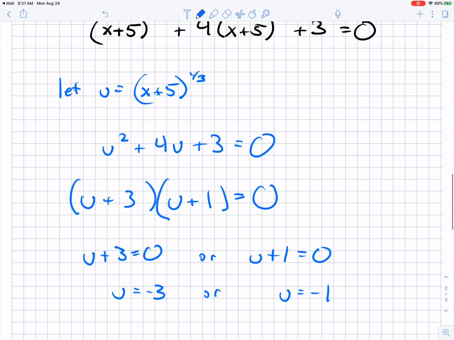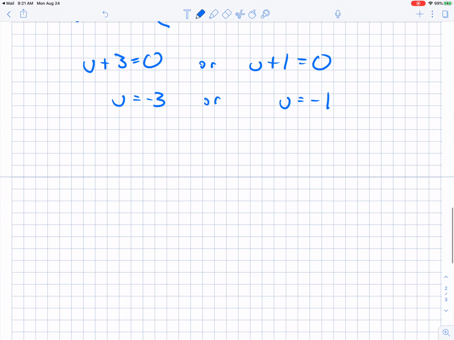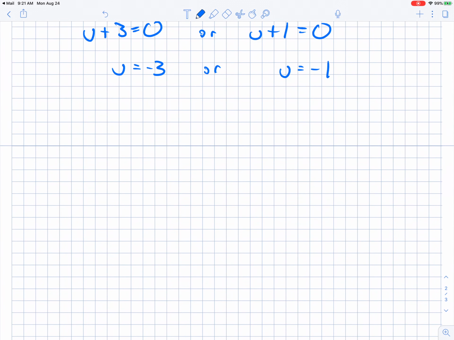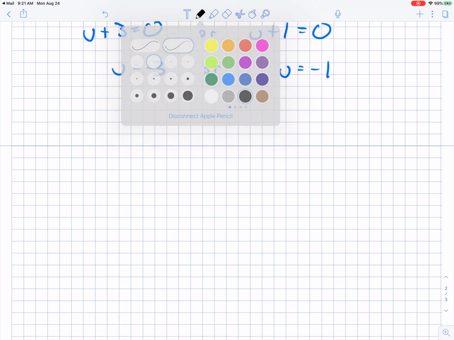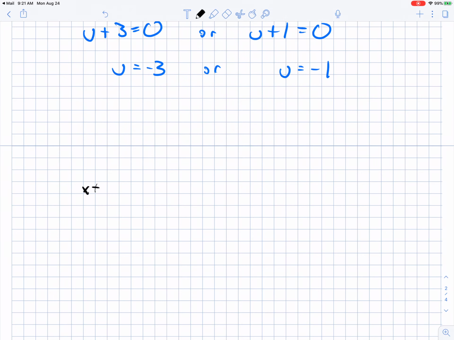So x plus 5 to the power of 1/3 equals -3, or x plus 5 to the power of 1/3 equals -1.